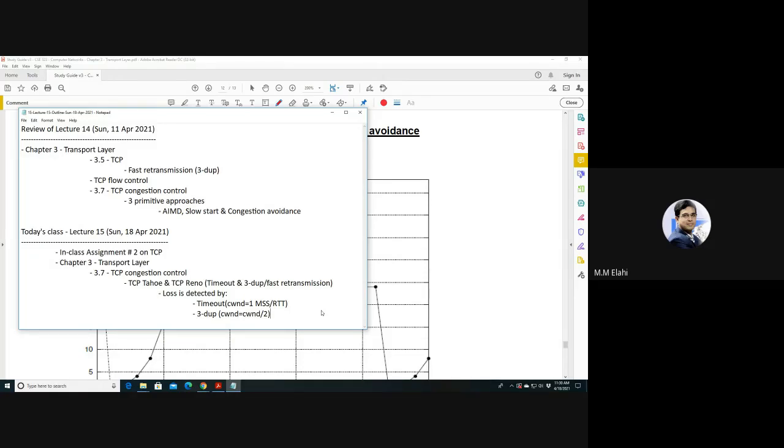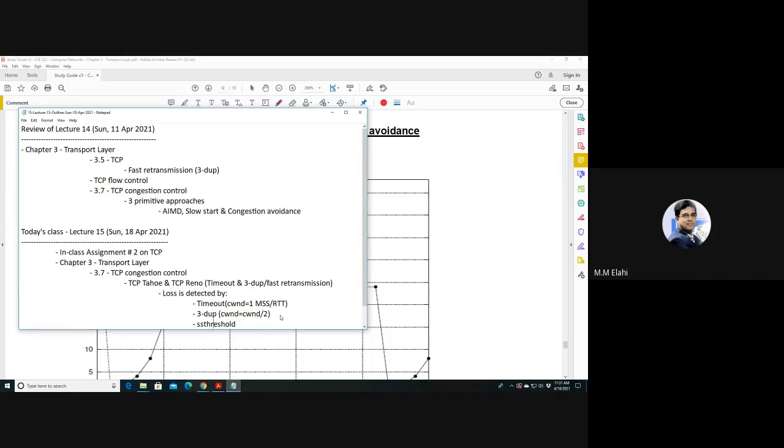And in case of congestion avoidance, in any case, the threshold that is used in congestion avoidance, we call this SS threshold. SS means slow start.